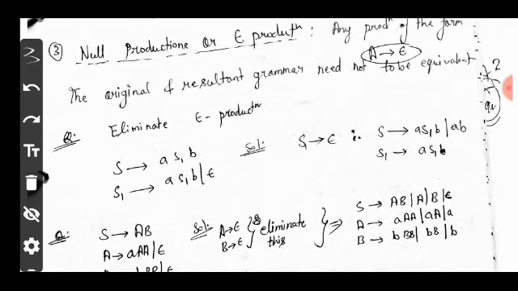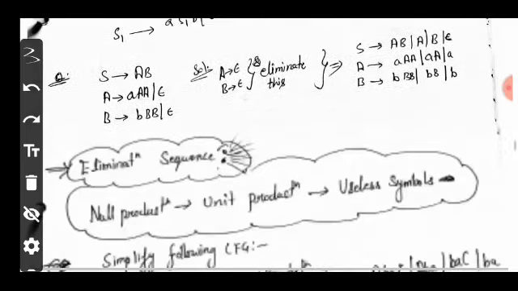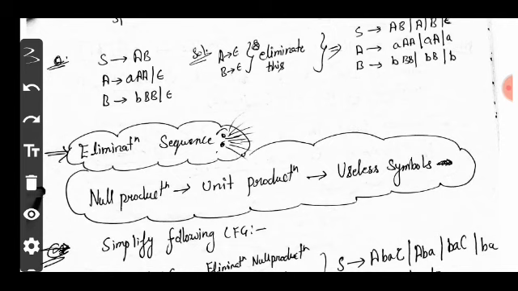Now move on to the next question. Here S produce AB, A produce A or null, B produce B or null.